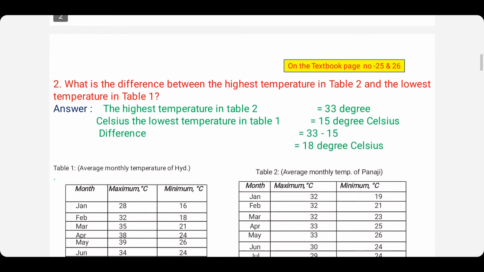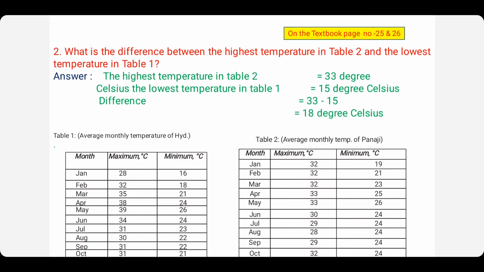On to the next question. What is the difference between the highest temperature in table 2 and the lowest temperature in table 1? Let's see what is the highest temperature in table 2. So go with the maximum temperature in table 2. Here the highest temperature is 33 degrees Celsius. And the lowest temperature in table 1?